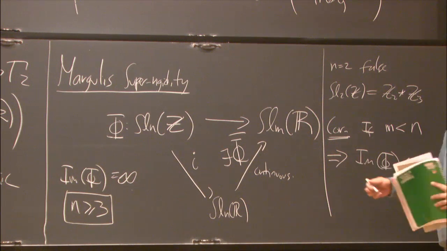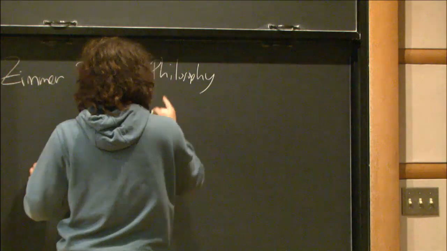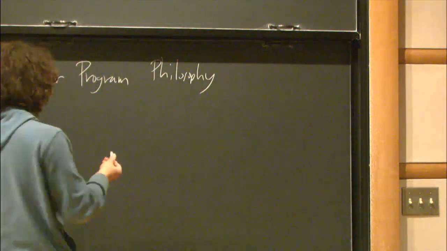So now I can explain what is this Zimmer conjecture, or Zimmer program philosophy. So I'll just talk about the Zimmer program philosophy. It's philosophy. Yes, no. That's how you write philosophy, right? Okay.